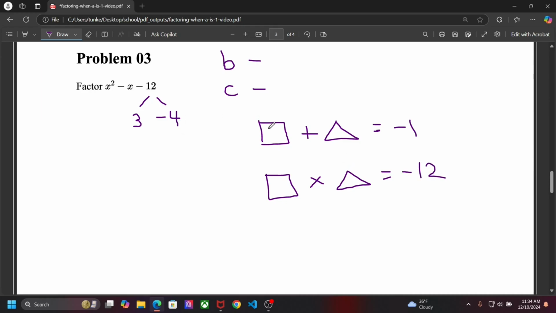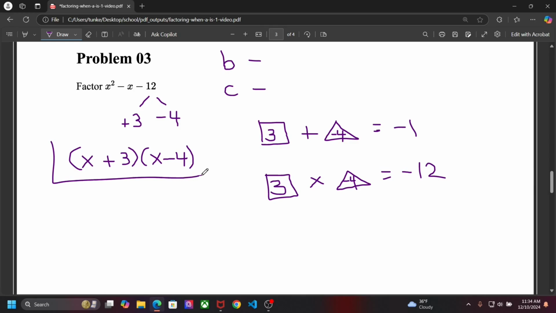And I see that 3 plus -4, that's going to add to -1, and 3 times -4 is going to multiply to -12. So I'm going to use +3 and -4 and write my factored form as x plus 3 times x minus 4. And that's it for that one.